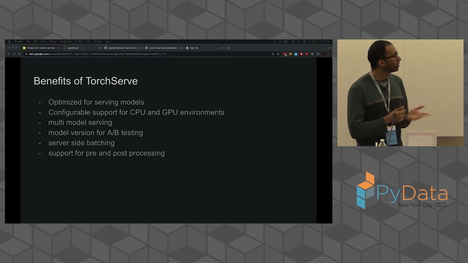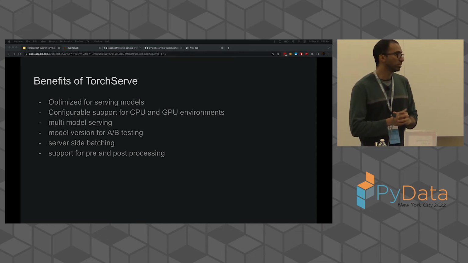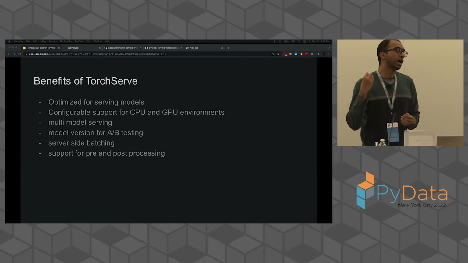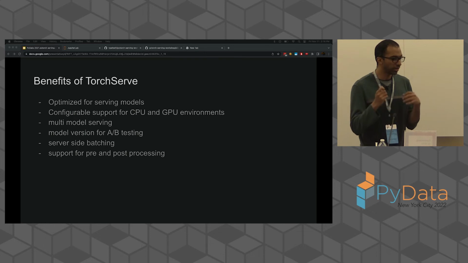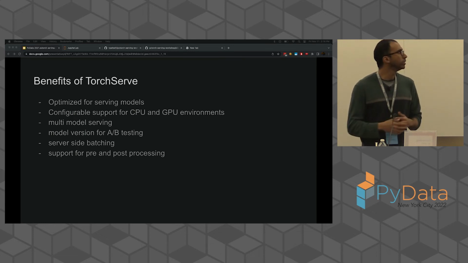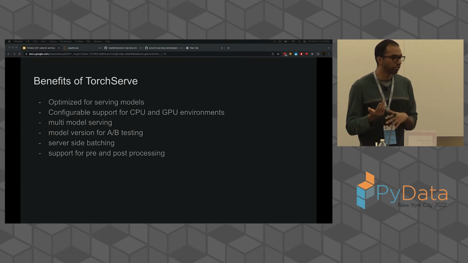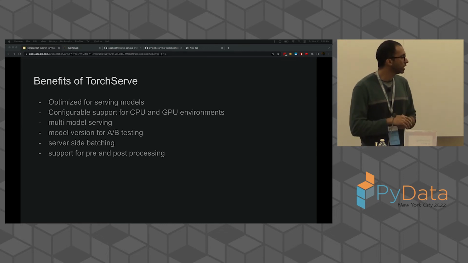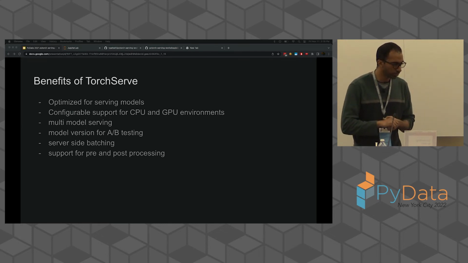But with these model serving frameworks, you can say, if I'm getting a certain number of requests and they all come within like 2 milliseconds, automatically take all those requests and batch them together to the GPU. This makes better usage of the GPU and can decrease your latency.